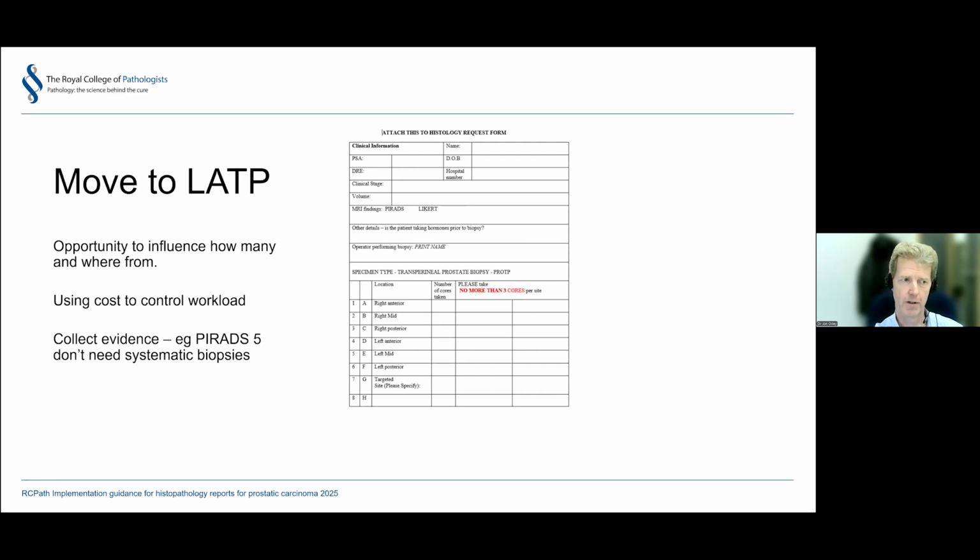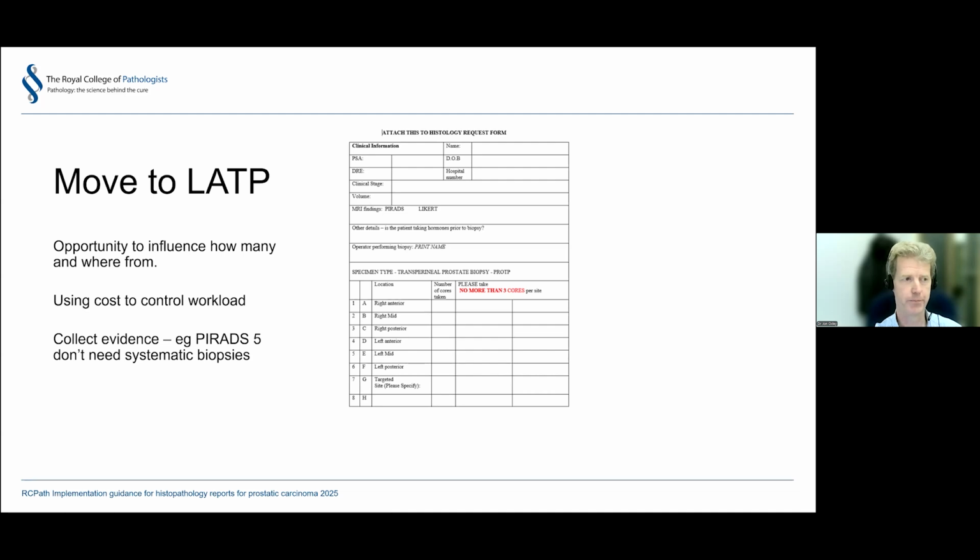It's not brilliant, but if you teach them to give you this information, it will save you a lot of time. An example of this is put into the dataset, so you could use this as an example. But I think the most important thing we try to emphasize is that the operator's name is placed onto the request, so you can directly feed back to that operator the quality of their cores and the information they're giving you.